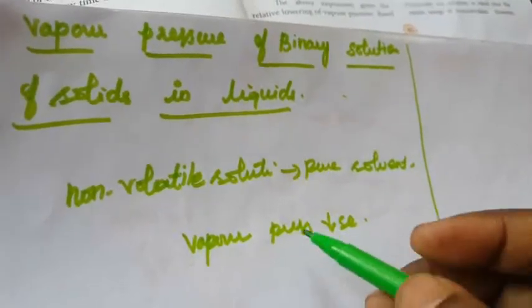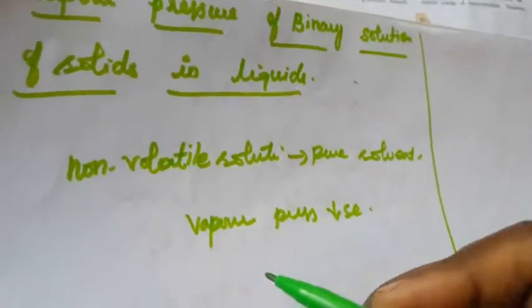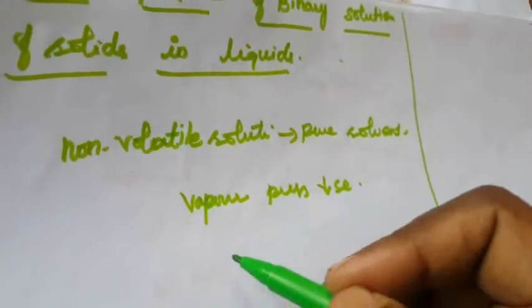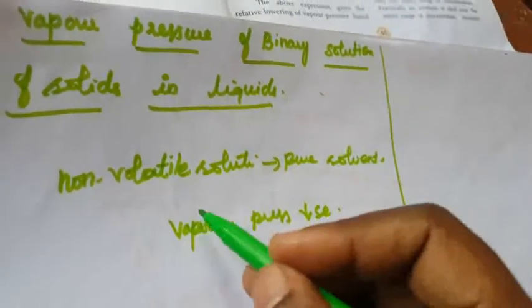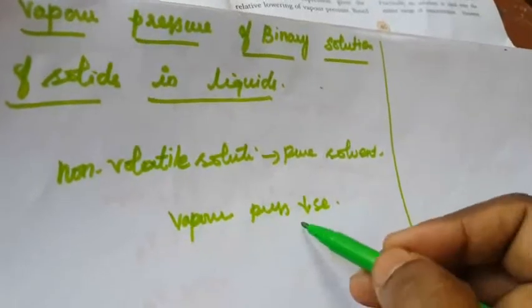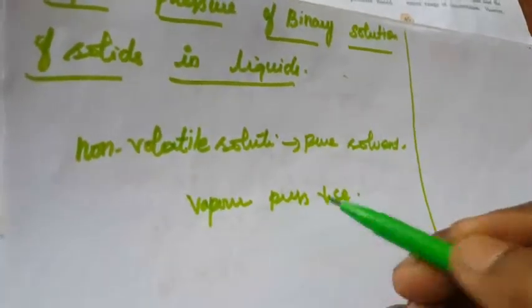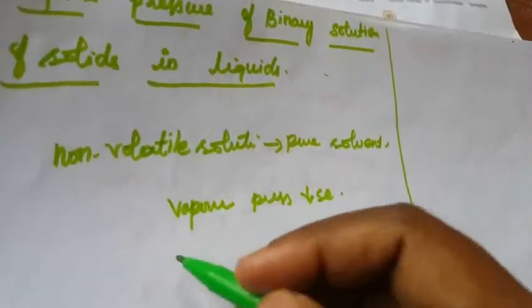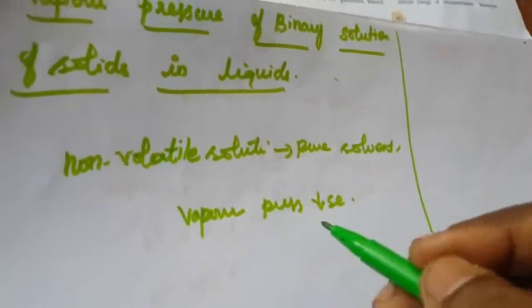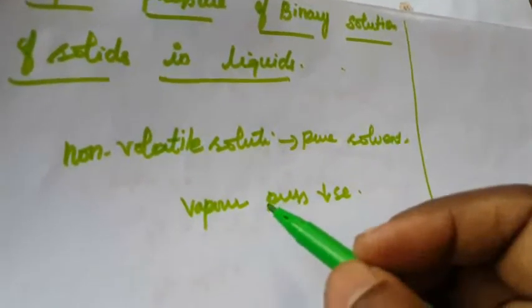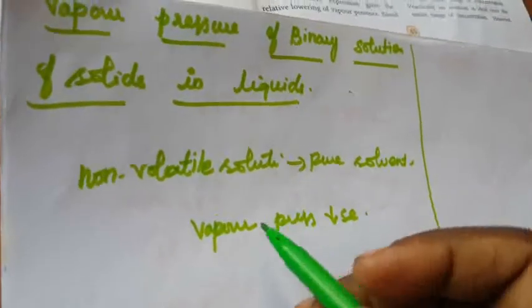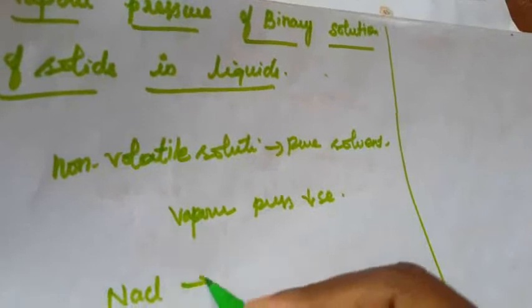So the vapor pressure depends on the solvent molecule. When the non-volatile solute is added, its vapor pressure decreases. So it depends on the nature of the solution. For example, here we are adding sodium chloride in water.